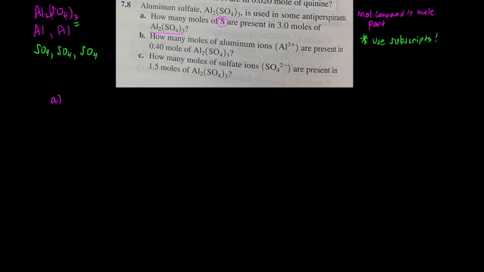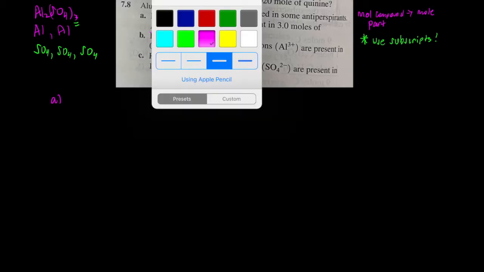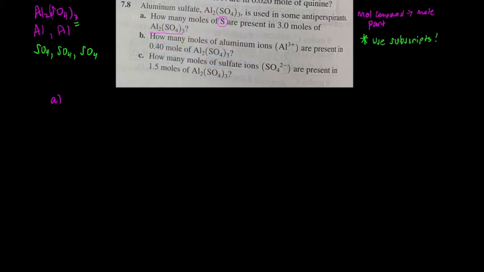Okay? So what we want to do first is to create an equivalency. We want to say how many moles of sulfur are in one of those units. And the way you do that is you look at the subscripts here. There's a 1 for the sulfur, and there's a 3 outside the parentheses. So 1 times 3 is equal to 3 sulfurs. Now, I drew the sulfates all separate here, so you could see that there's definitely 3 sulfurs in there, okay?